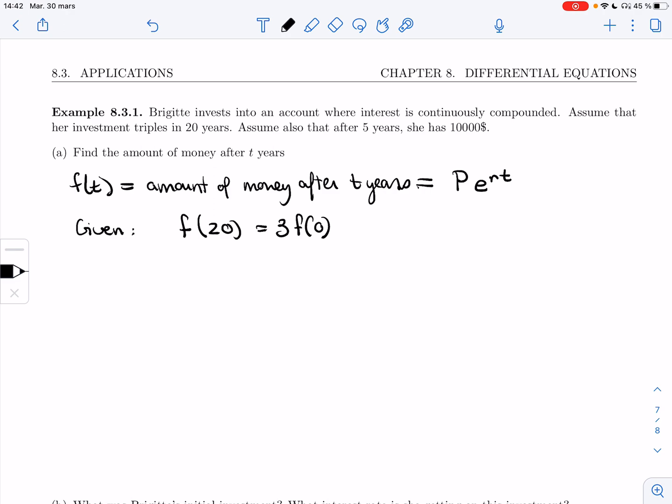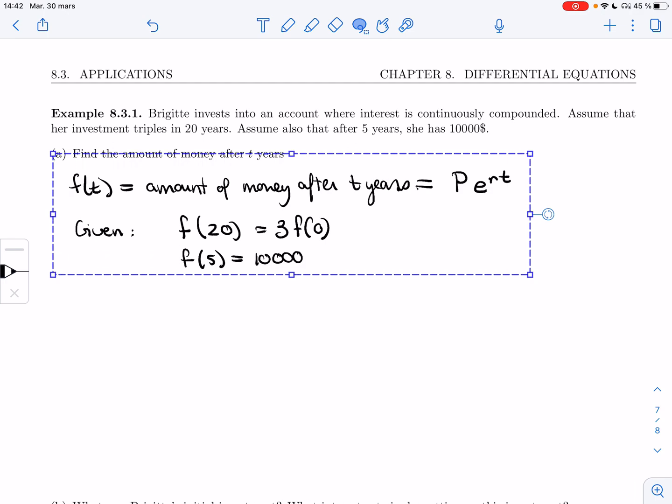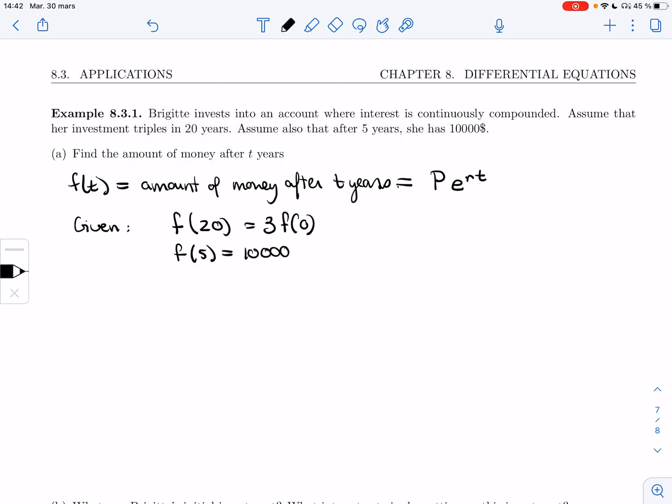And I'm given that f of 5 is 10,000. So this is what I have. I need to figure out what P is and what R is. Let's start with the first one.